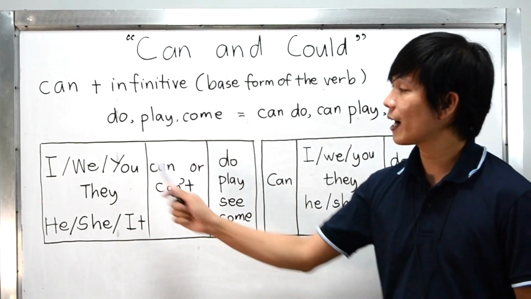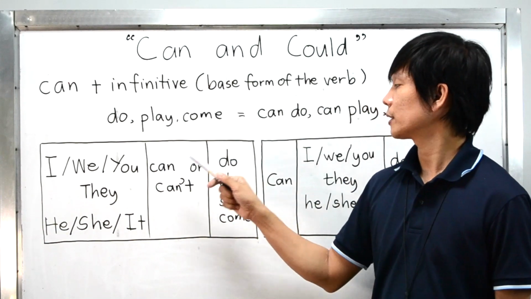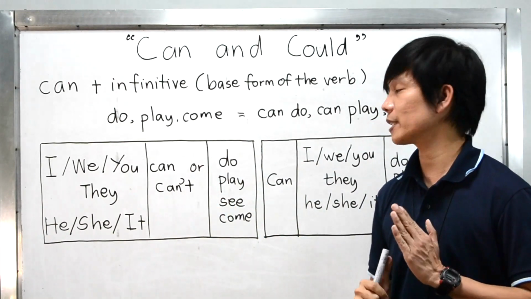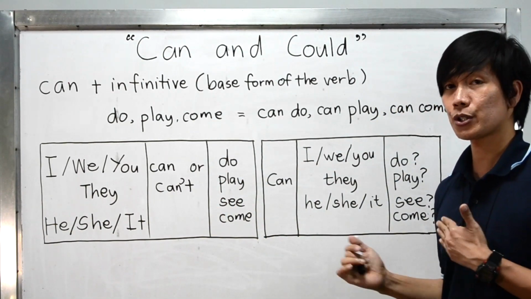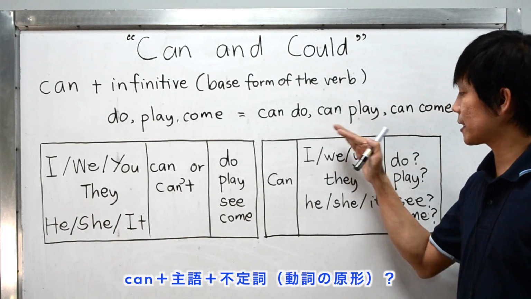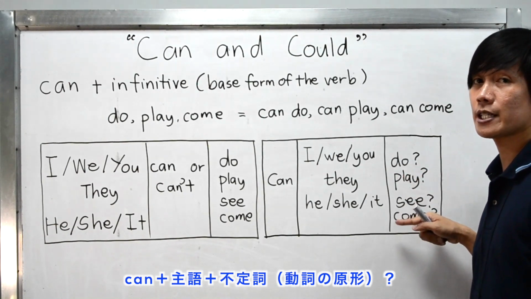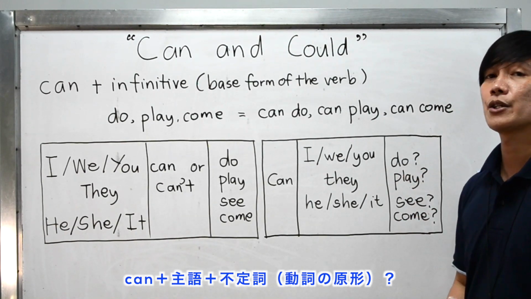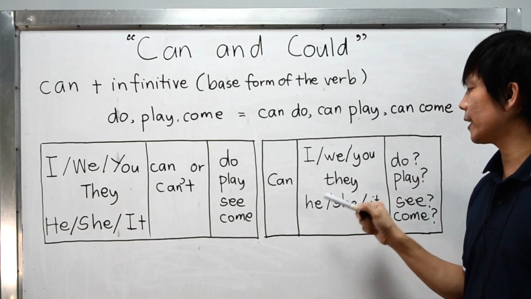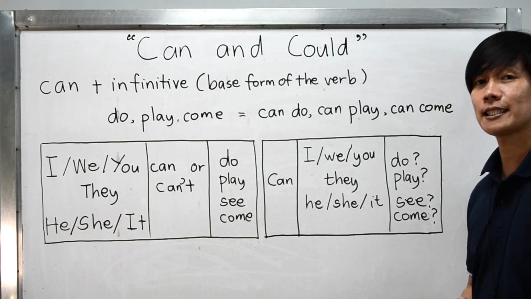So we can have I, we, you, they, he, she, it, can do, can play, can see, can come. That's for the positive. I hope that's clear. And for the question, we can start from can plus the subject and then the base form of the verb or the infinitive and then question mark. So we can have can I, we, you, they, he, she, it, do, play, see, come.